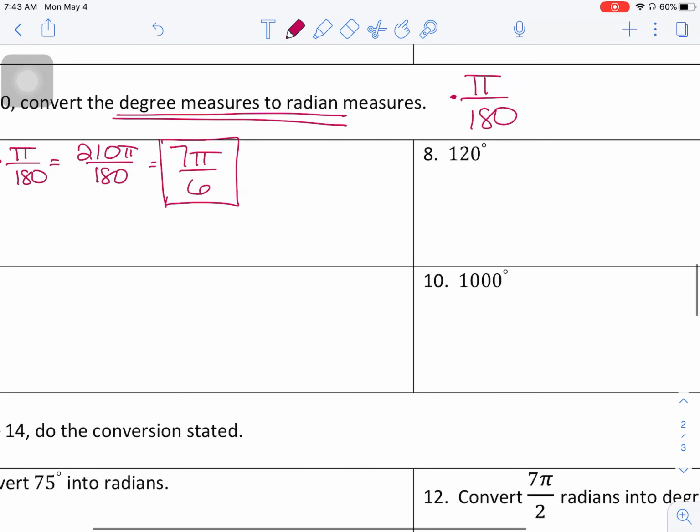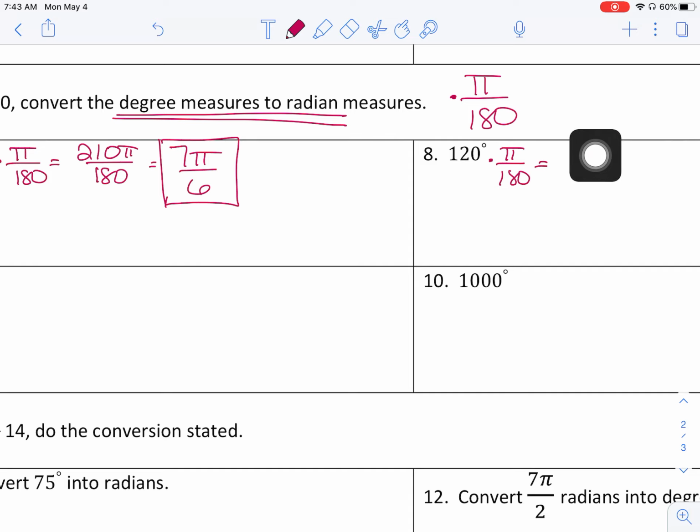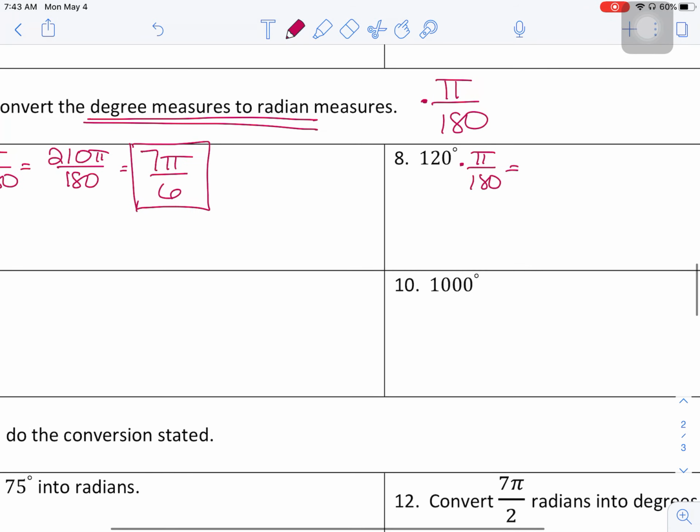Okay, so 120, same multiplier, pi over 180. So in my calculator, I'm going to do 120 divided by 180. And whatever I get, convert it to a fraction. So 2 pi over 3 radians.